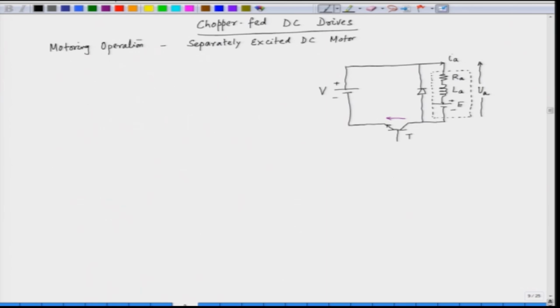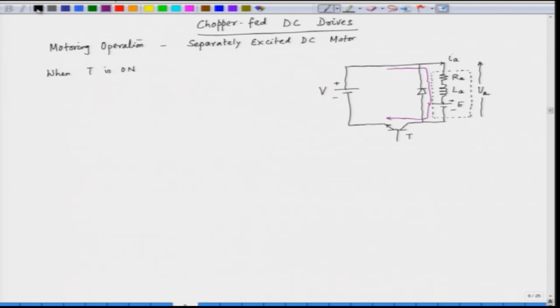Now, let us see what the various operating modes of the chopper are. When the transistor is on, the current will flow from the source through the motor and back to the source in this fashion.